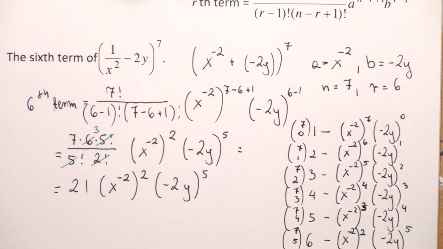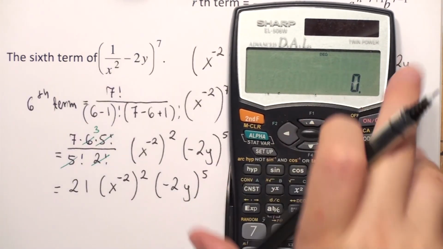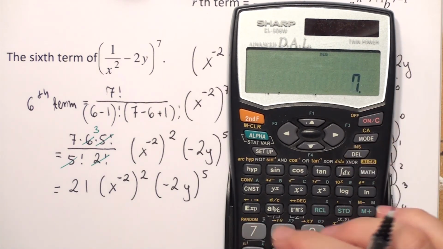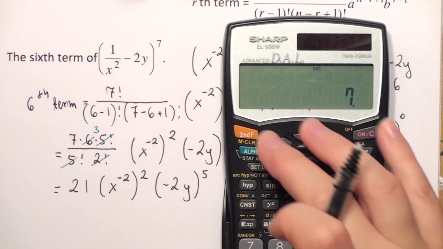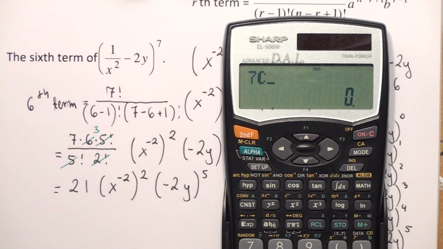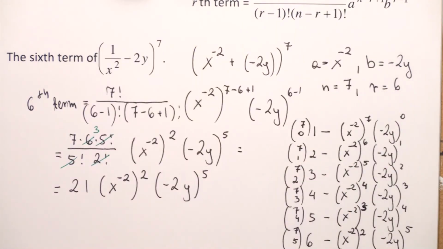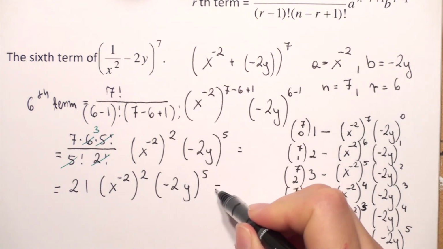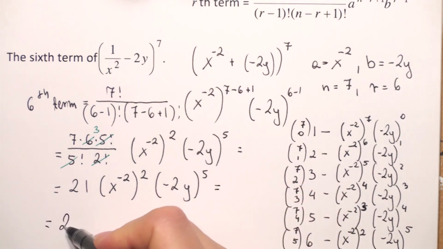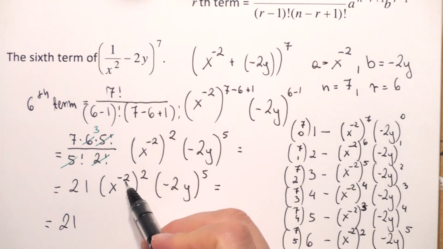So when we calculate 7 choose 5, this is 21, the coefficient is 21, so we got exactly the same coefficient, so everything is okay.